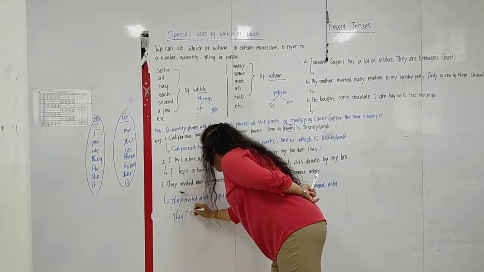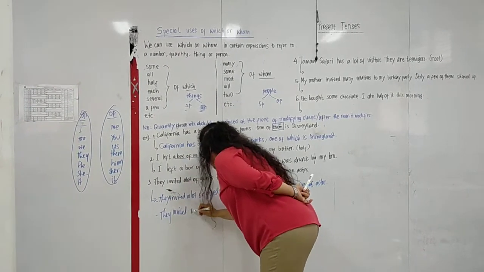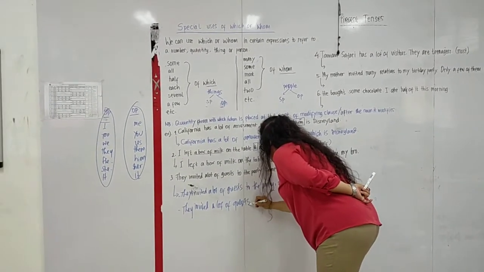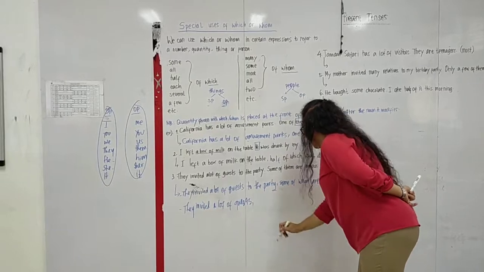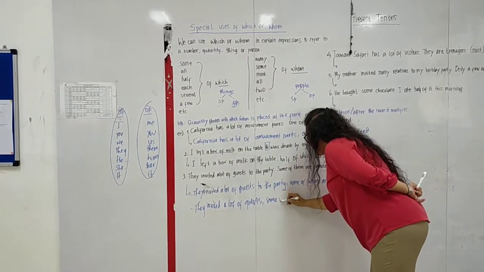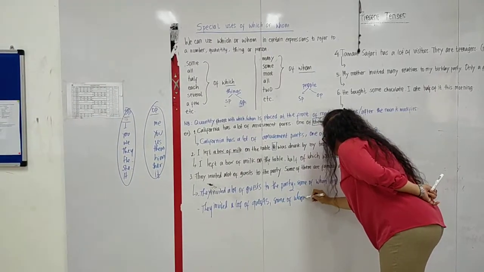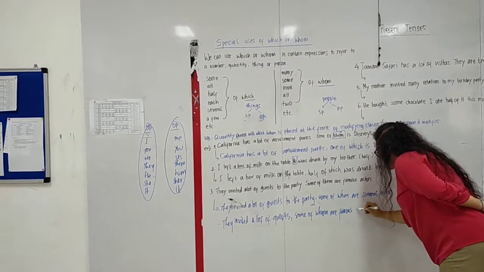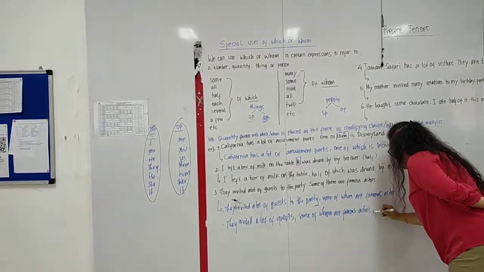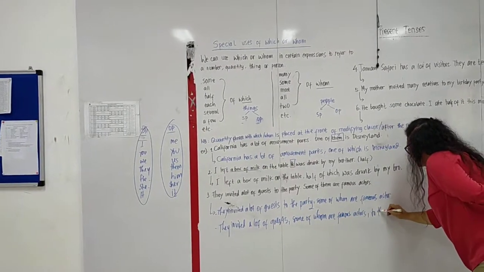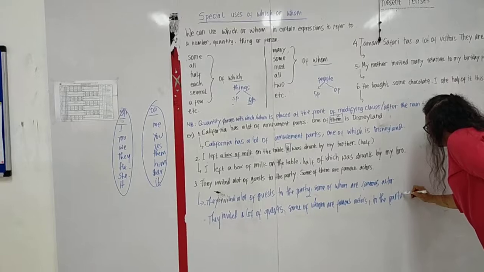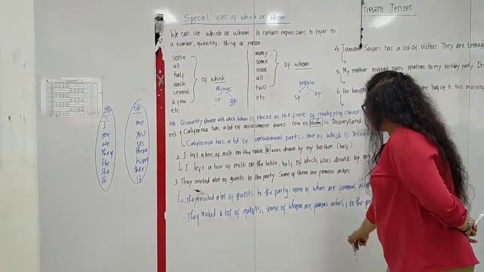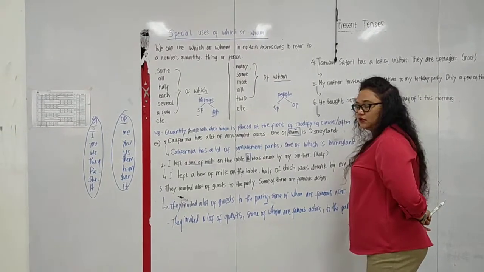They invited a lot of guests, comma, some of whom are famous actors, comma, to the party. They invited a lot of guests, some of whom are famous actors, to the party.